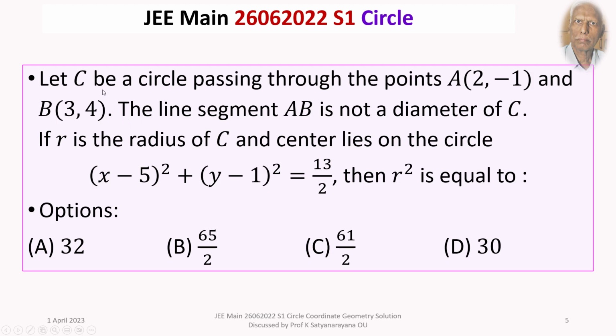So we are given a circle C which is passing through the points A and B, and it is given that this line segment AB is not the diameter of the circle C, and if R is the radius of this circle C and its center lies on another circle (x - 5)² + (y - 1)² = 13/2, we are required to find the value of R².